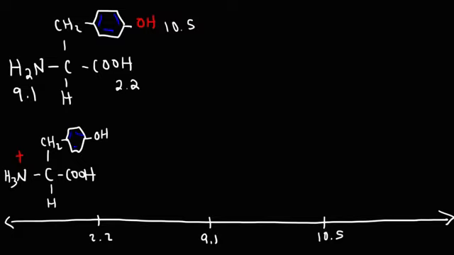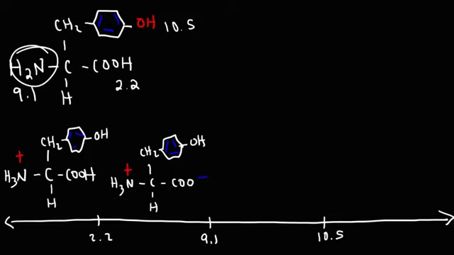Now once we go past 2.2, the carboxylic acid is going to lose a proton. And so we're going to get this structure. Here we have a negative charge, and here we have a positive charge. Now past 9.1, the amino group is going to lose a proton.